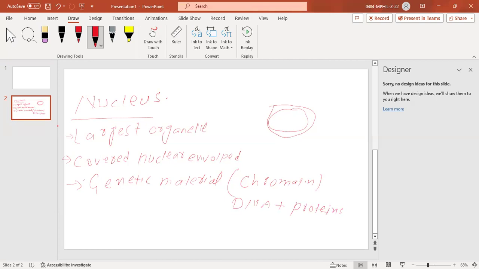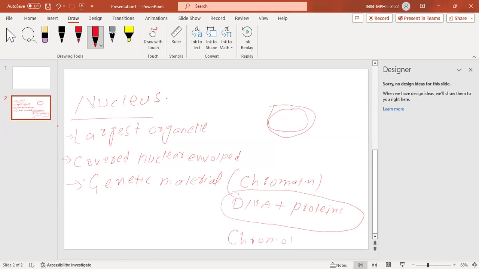Chromatin is formed because the DNA thread is wrapped on these histone proteins and forms a very condensed structure that is called chromatin. And both of these form a very regular structure that we mostly observe in the cell, that is chromosome.